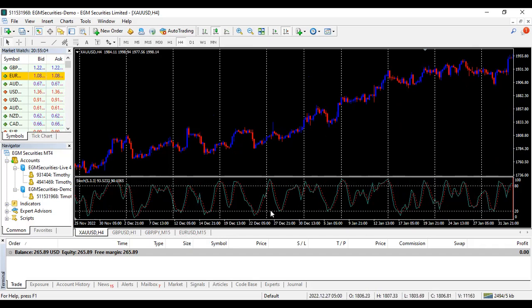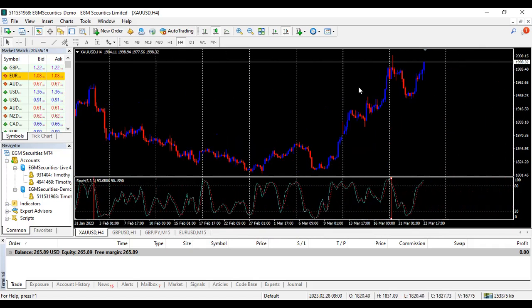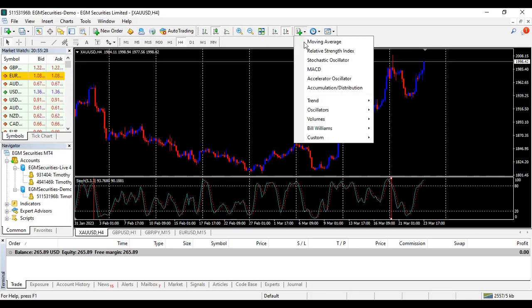So for an uptrend, you could be just looking for your buys only. So at this level, when the stochastic is between 0 to 20, you be looking at your buys at this point. When we're doing pure price action, that is what we call buying the dips. Okay.